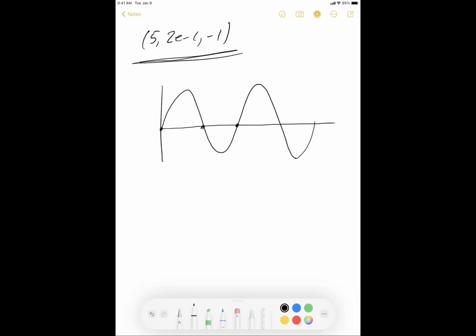So it completes one period at pi, and the second period at 2 pi. And I want to mark some of the important points here. So this is pi over 4, this is pi over 2, 3 pi over 4, 5 pi over 4, 3 pi over 2, 7 pi over 4.